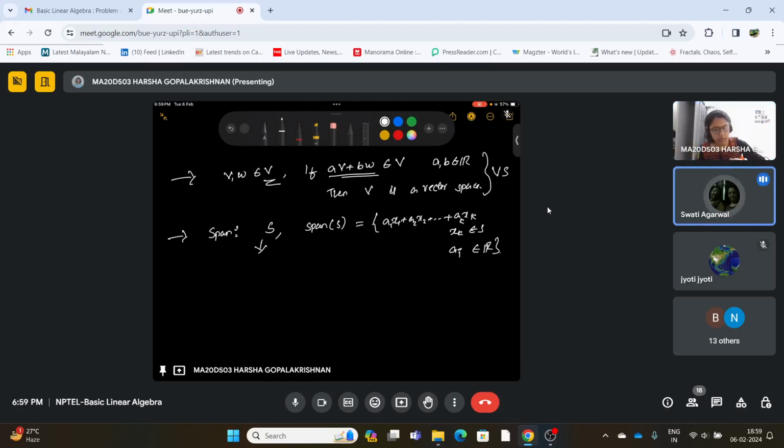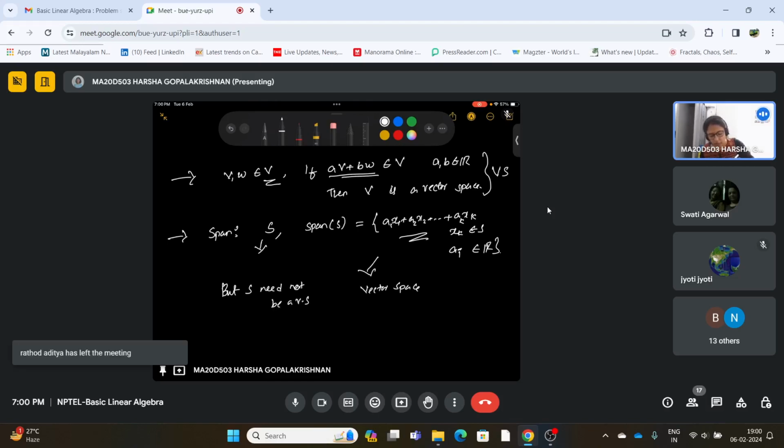If we can express any linear combination from the elements in S, then it belongs to the span of S. We will collect all the linear combinations. The collection of all linear combinations is the span of S. Obviously, span of S will be a vector space, because this condition is satisfied here. Linear combination belongs to this. But S is not a vector space. S need not be a vector space.